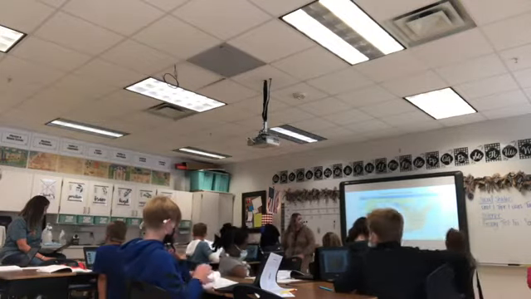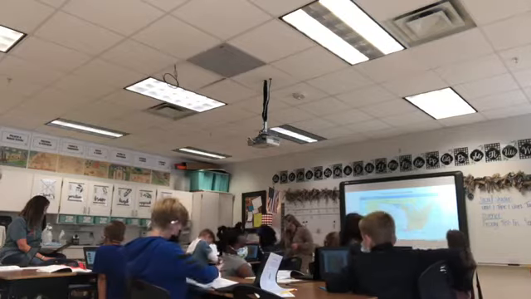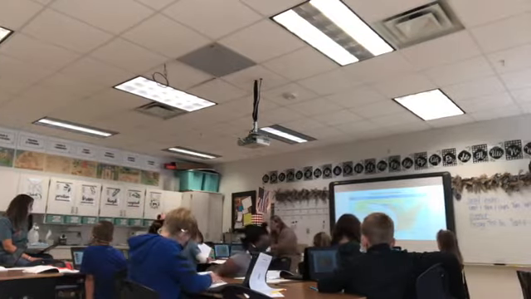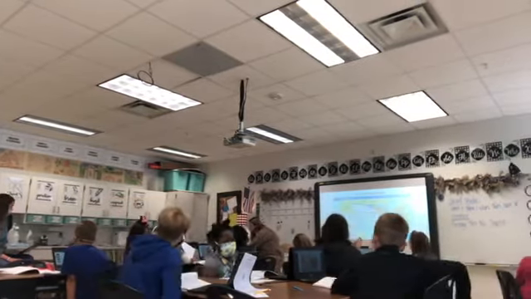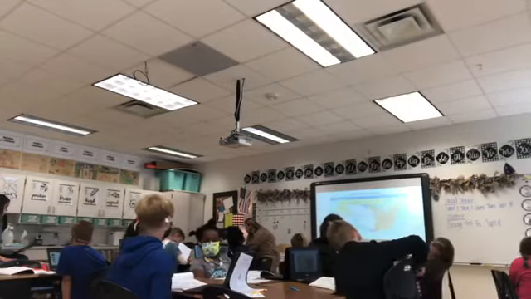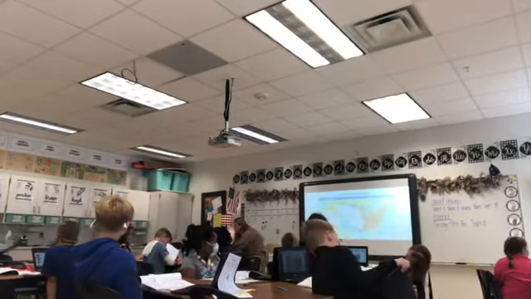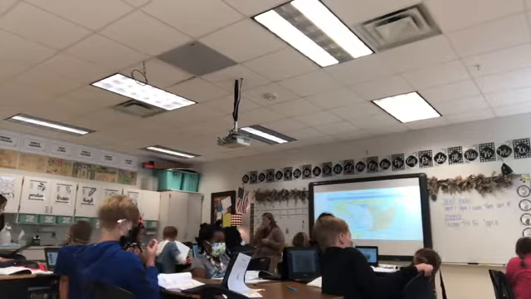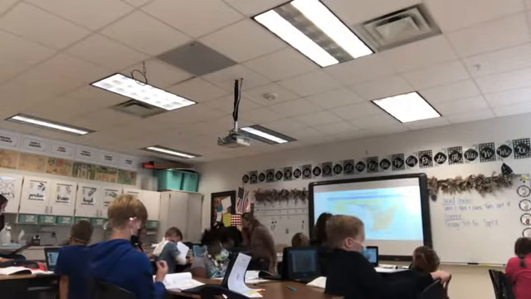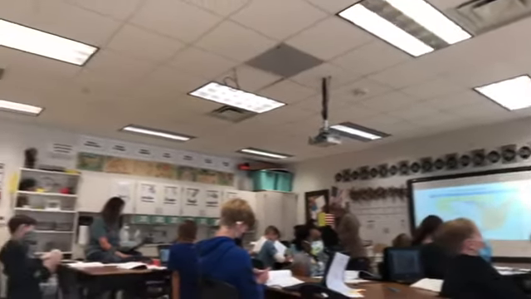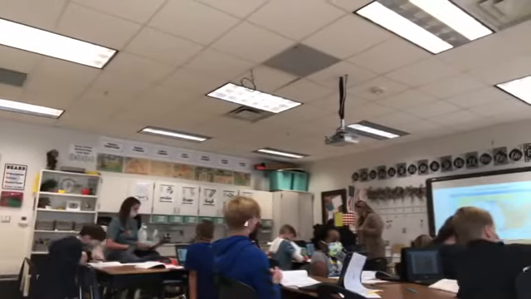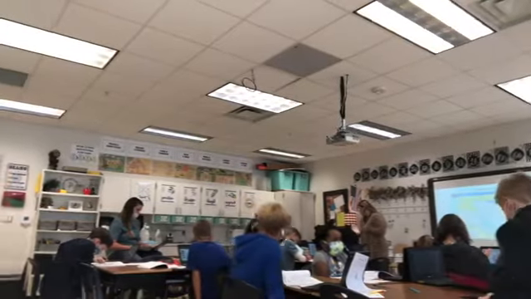Okay, so this is the territorial acquisitions map. Okay? So this specific map shows us what areas the United States has acquired throughout time. Okay? So it's basically land that the United States has claimed over the years.